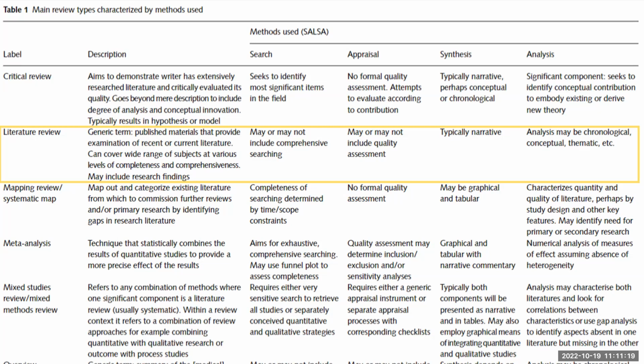The generic literature review allows for a wide range of topics and subjects and levels of comprehensiveness. It covers all different fields of study. Because of this, there are less stringent requirements in the search process, appraisal of the articles, and the analysis. They also tend to be pretty narrative.